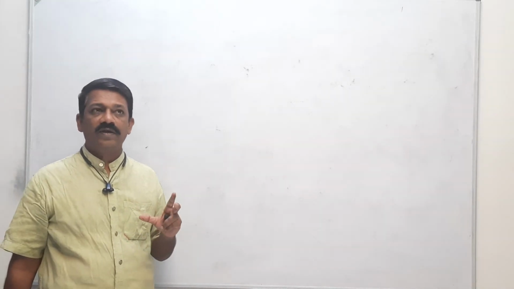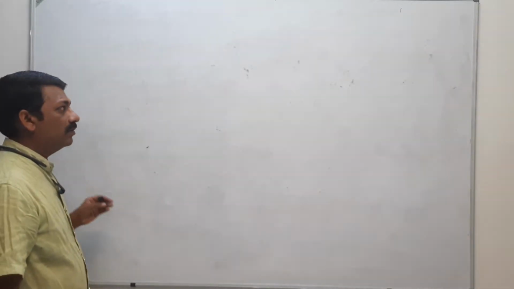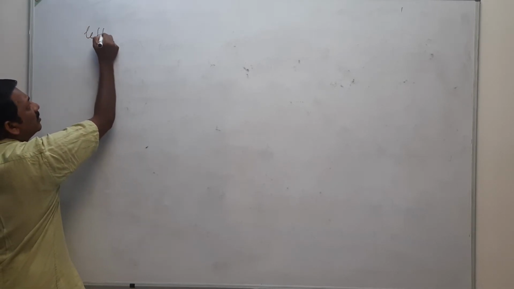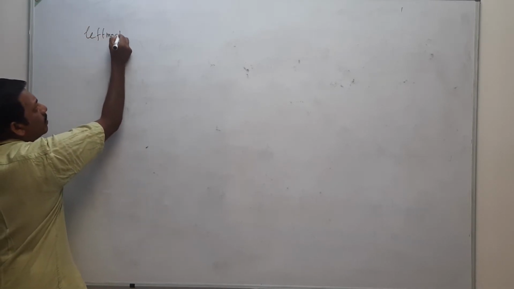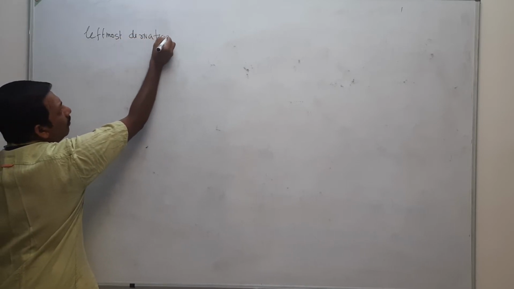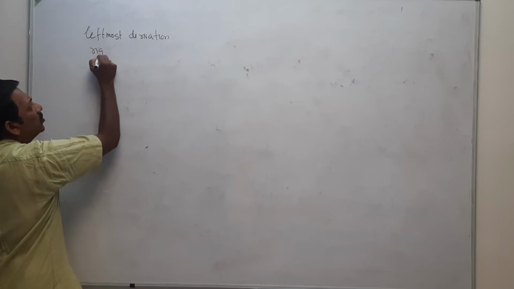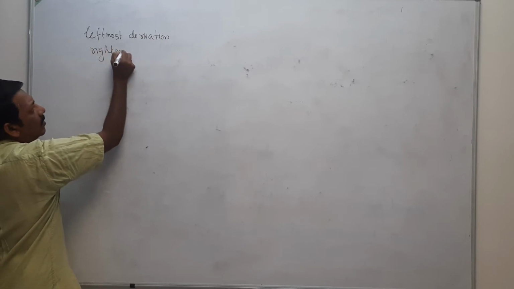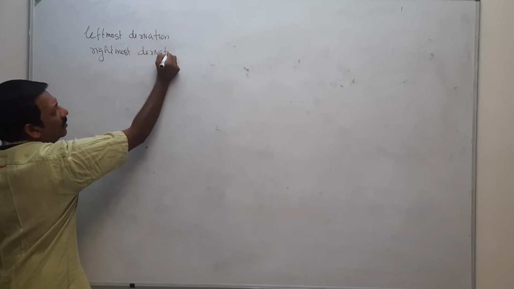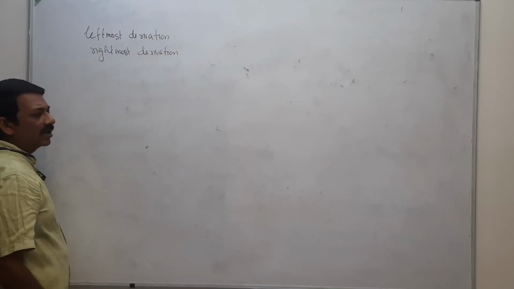In a context free grammar, you can have two types of derivations: leftmost derivation and rightmost derivation.